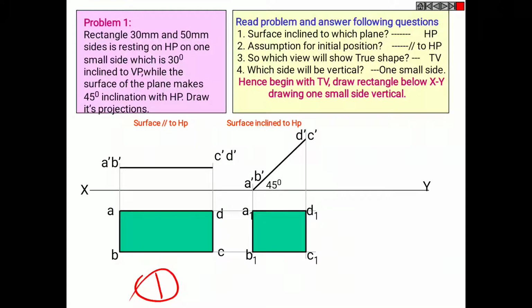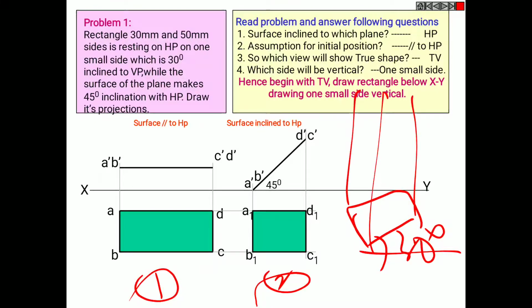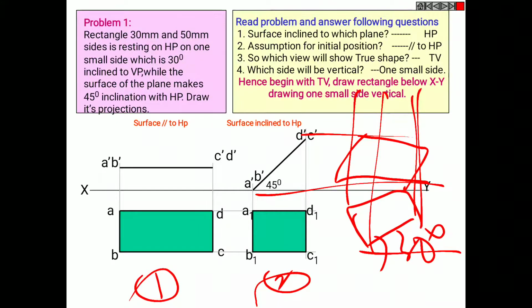So that inclination is done here at about 30 degrees. So this is your second case, and drawing the projections with all this, you will again get a quadrilateral type of figure.